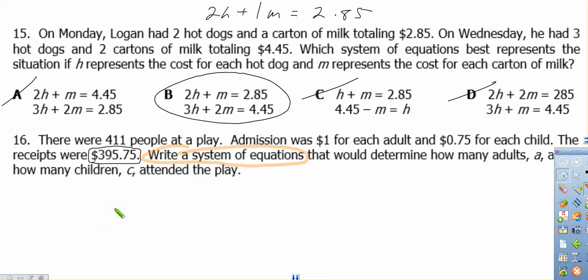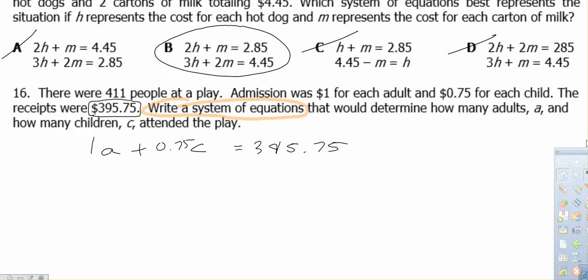All right, so first we know that adults are A, and we know that the cost per adult is $1. We know the cost per child is 0.75, and the total amount that was brought in was $395.75. Okay, there's one equation.